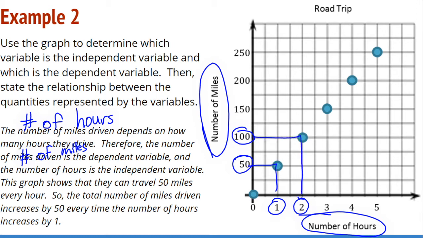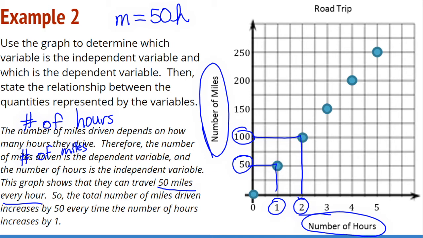So I'm finding that I am traveling 50 miles every hour. It's showing me a ratio relationship. It is showing me that the number of miles is equal to 50 times the number of hours.